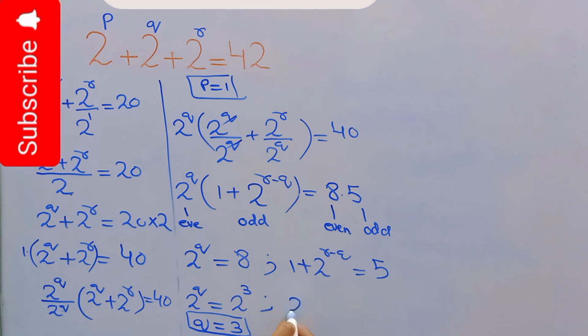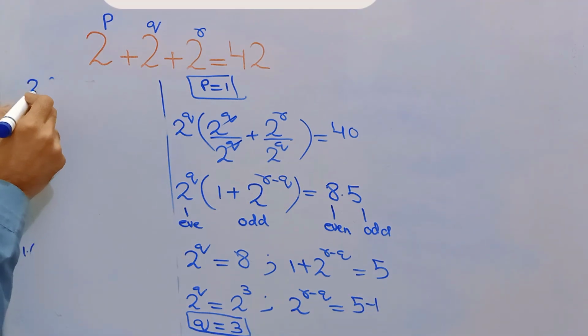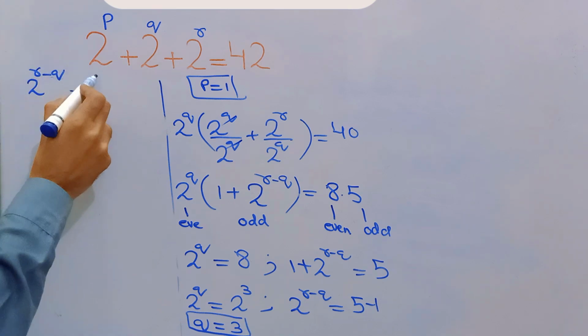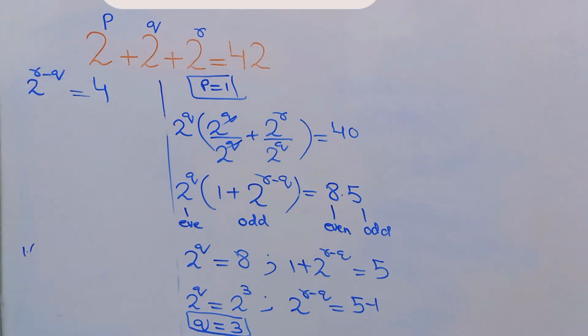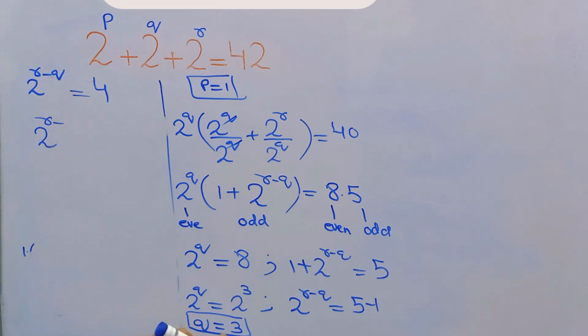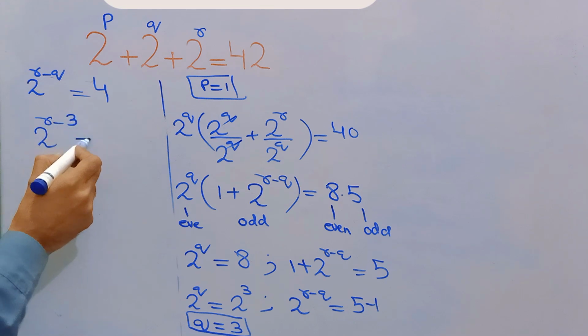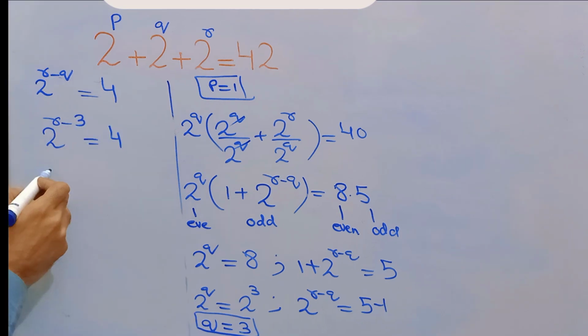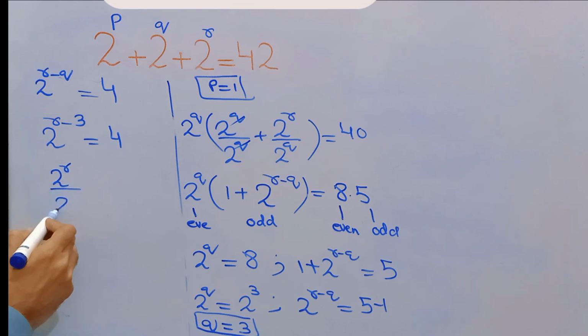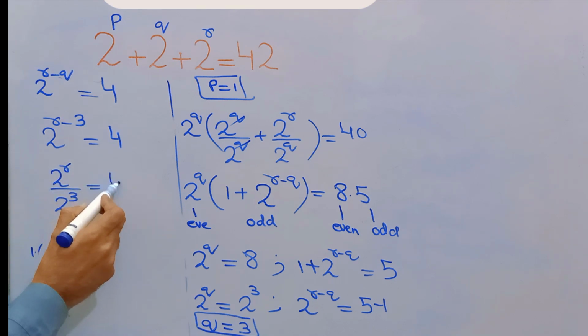Then next student, 2^(r minus q) is equal to 5. 1 will shift right hand side, then sign will be negative. 2^(r minus q) is equal to 5 minus 1, that is 4. The next 2^(r minus q), value of q is 3, 2^(r minus 3), it can be written as 2^r divided by 2^3 is equal to 4.